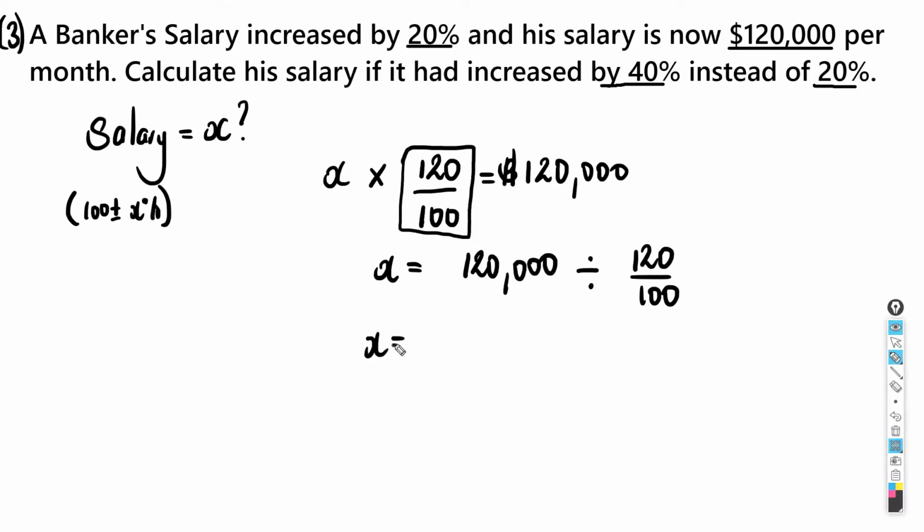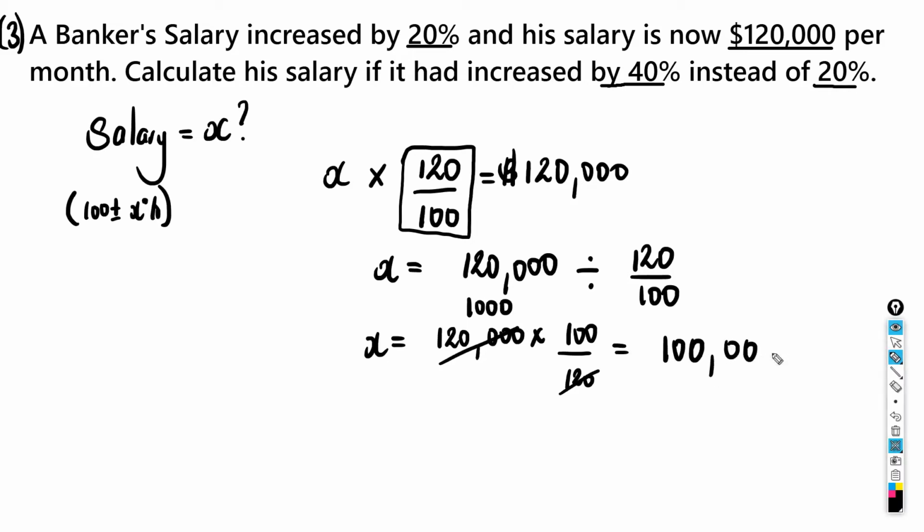So X is actually equal to 120,000 multiplied by, when you divide, you flip the right side, right? So it should be 100 over 120, right? And 120 can go into 120,000 1,000 times, right? So 120 goes into 120,000 1,000 times, and then you multiply that by 100 and you get 100,000.